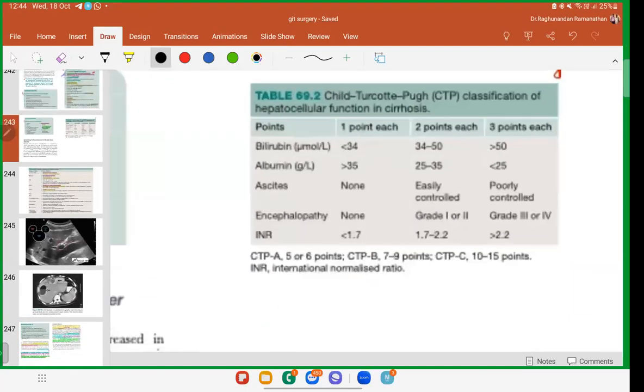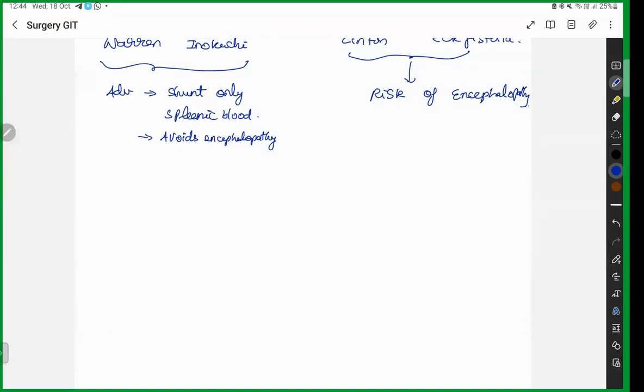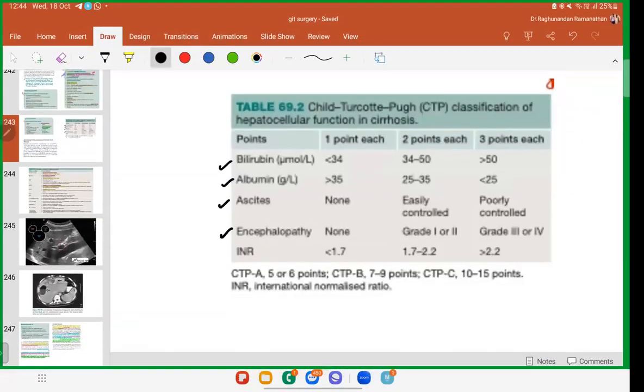This is your Child-Pugh scoring. It is going to talk about the albumin, the bilirubin, and what is the other component? Prothrombin time. So you have 5 important components: albumin, encephalopathy, ascites, bilirubin and prothrombin time, where prothrombin time is in seconds prolonged, or you can go for your INR.